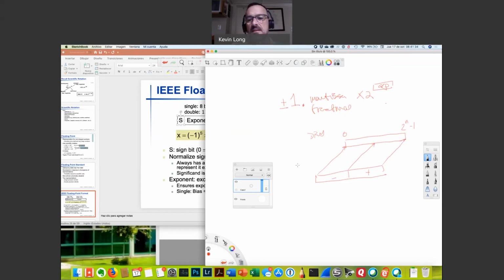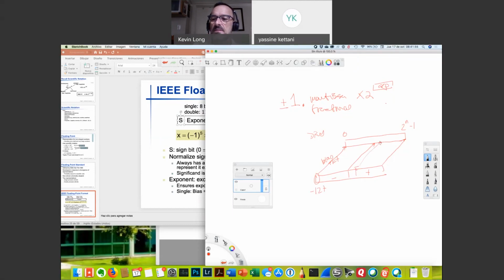So the negative number here has to have a bias added to it to turn it into 0. So if this is minus 127, then the bias is plus 127. And by adding that, you'll get to 0. Similarly, if this is a 5, then you're going to add 127, so this is going to be 132. And if your biggest number is 128, then this is going to be 255, and so on, right?